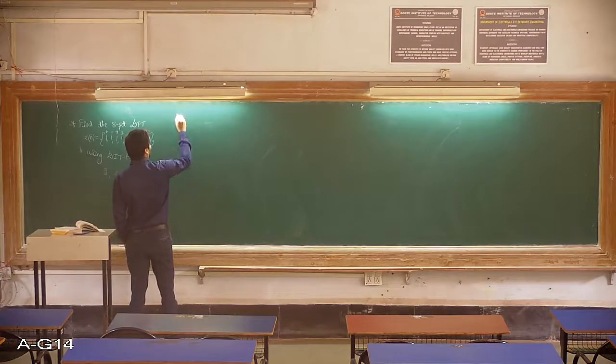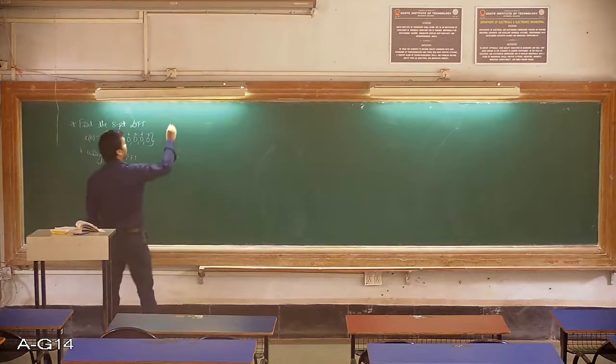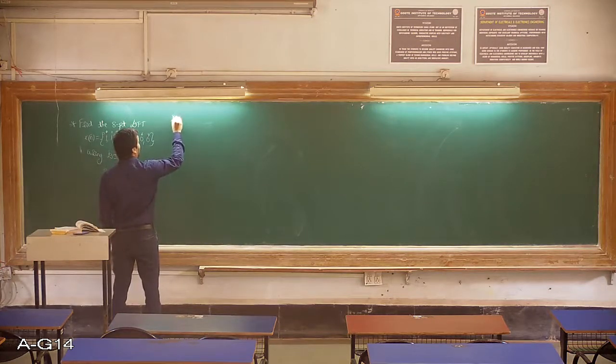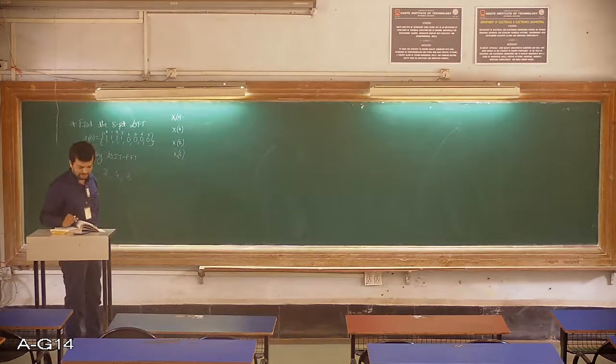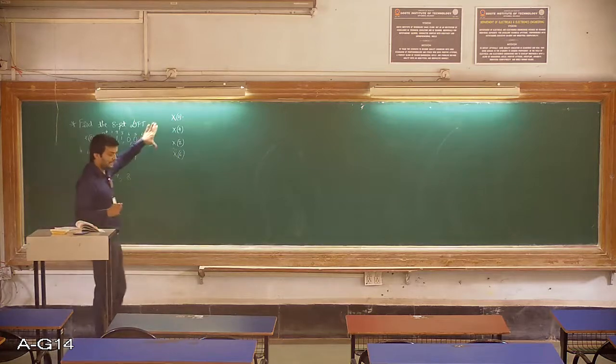So we know the even function block and odd function block. In the even function block we have to consider x of 0, x of 4, x of 2, x of 6, that is 0 4 2 6. This is the even function block.